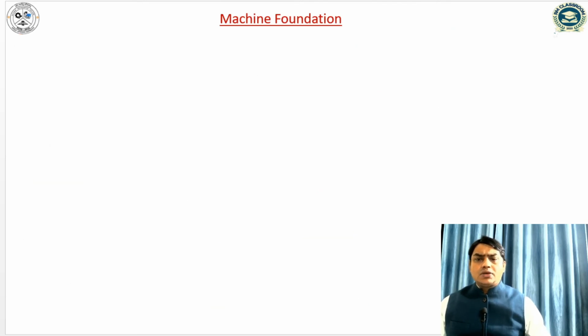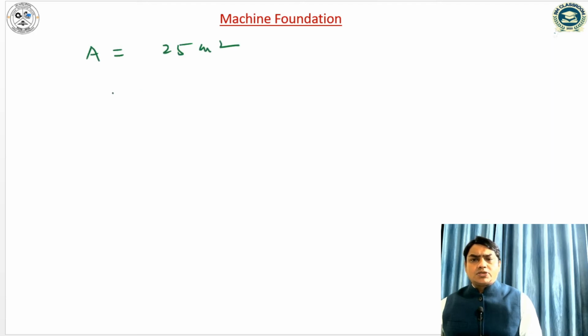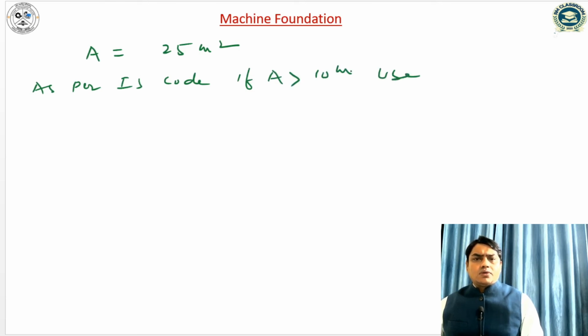The area is given as 25 meter square, but as per IS code, if A is greater than 10 meter square, use area equal to 10 meter square.